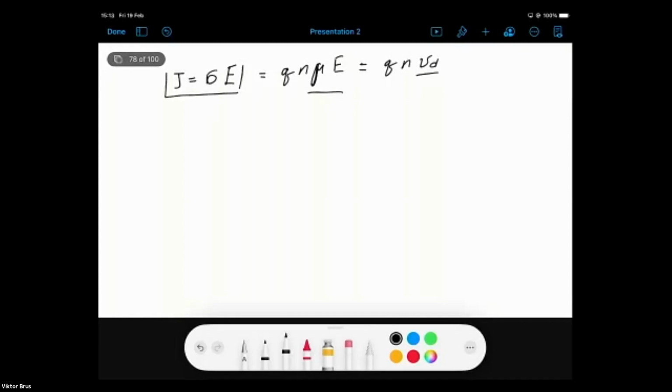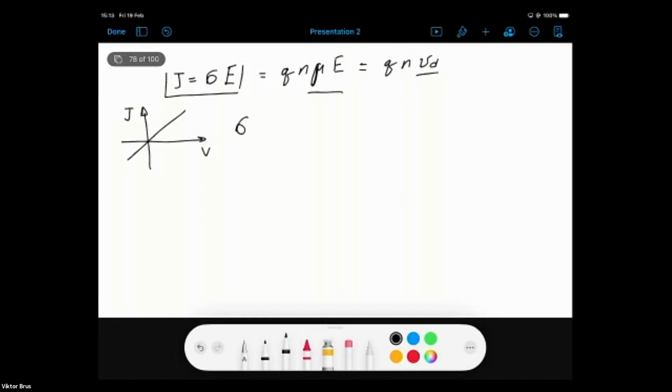However, let's say we have some JV characteristic, meaning electric current density versus voltage, and here is some dependence. From this JV characteristic, which we measure experimentally, it is possible to determine sigma, one parameter, which will be calculated from Ohm's law.